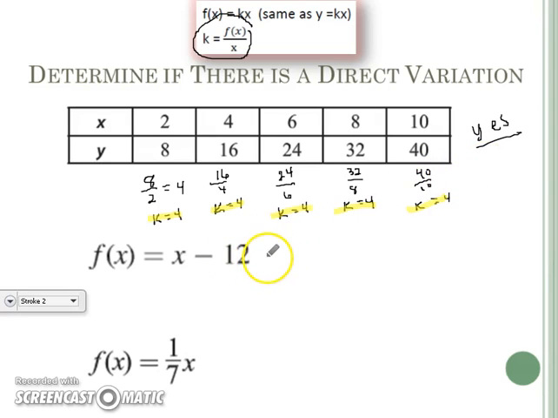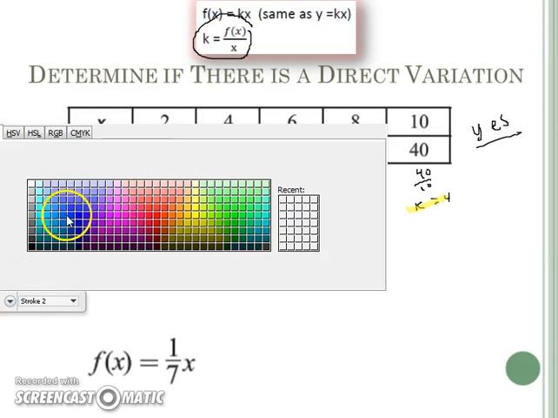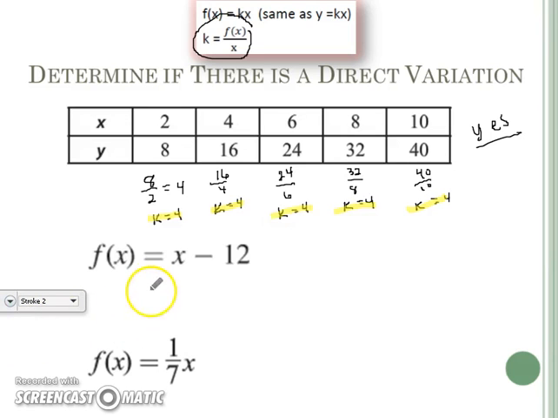This next one, we're looking at the equation. We have f of x equals x minus 12. We want to compare to see if it's in the format of the direct variation equation. The direct variation equation is f of x equals k times x. So it should look like a number times x.